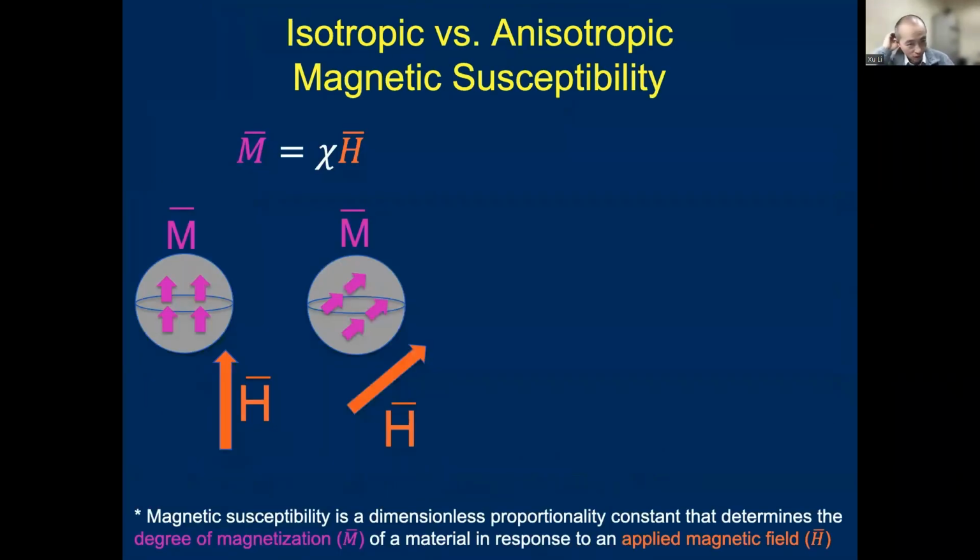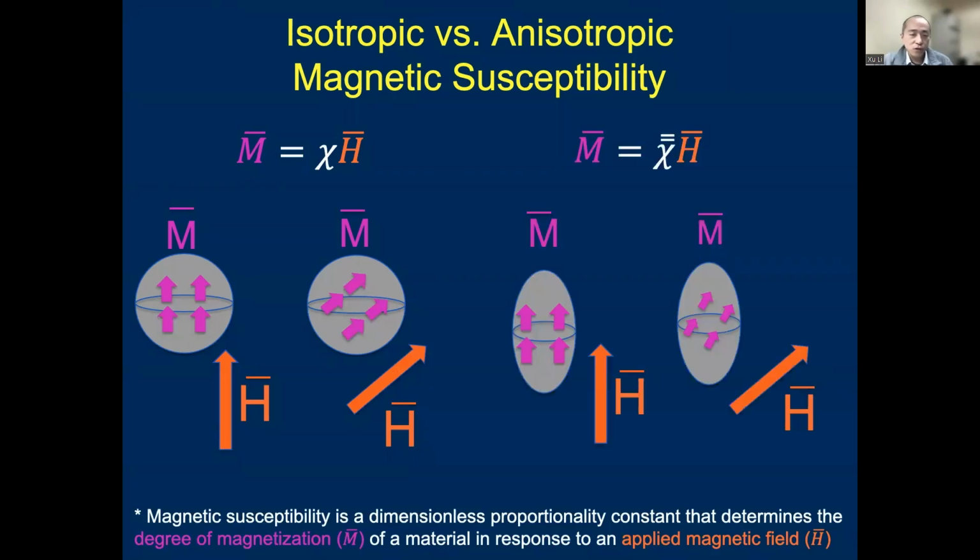So as we talked about before, the QSM assumes isotropic magnetic susceptibility, which can be described as a scalar. In this case, we would expect the amplitude of the magnetization is orientation independent, and the magnetization would always align with the external magnetic field.